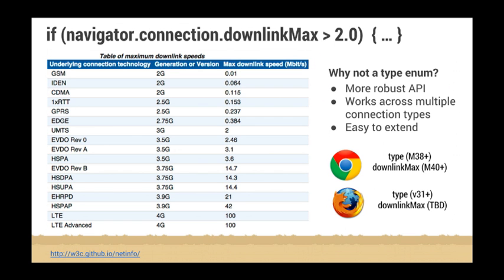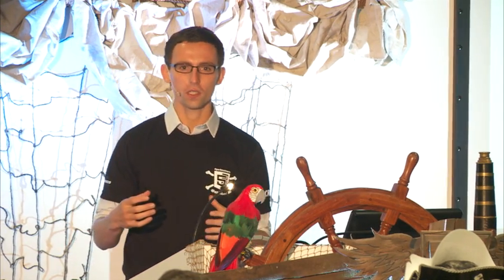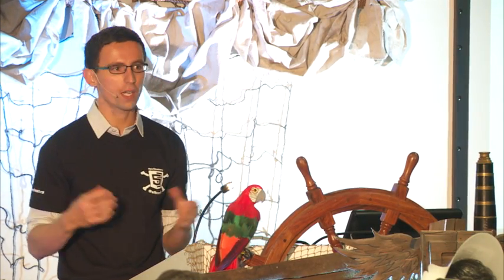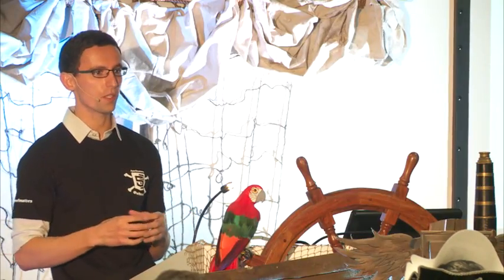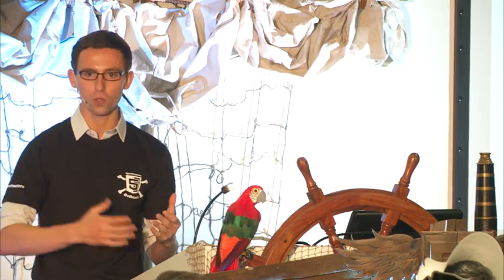So downlink max is a new attribute that we're adding. And what it reports is the actual megabits per second of the last hop link. And this is very important. What we're not telling you is what is the expected or the current bandwidth of the user, because frankly, that is a very hard problem. It's a very transient thing, especially on cellular networks, where these things go up and down all the time.